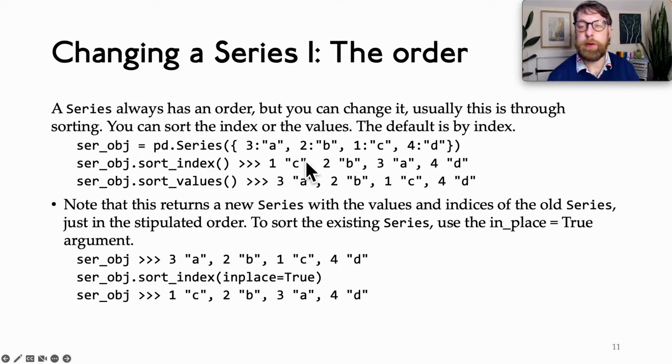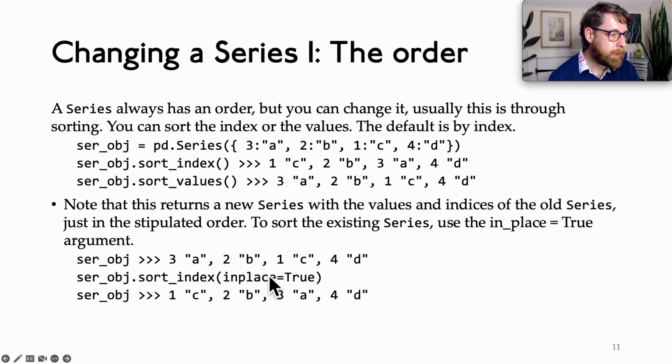Now note that this returns a new series unless you put the inplace parameter in there. As a matter of nomenclature, inplace is the parameter. That's the value that we set. And True in this case is the argument. That's how we set the parameter. So we pass the argument True to the inplace parameter in this way.